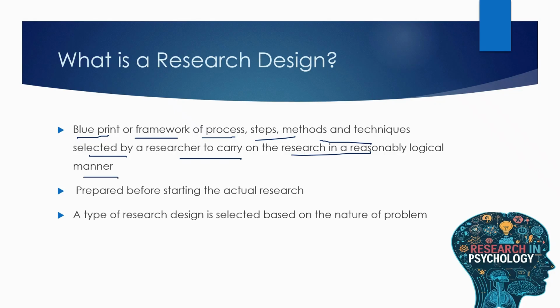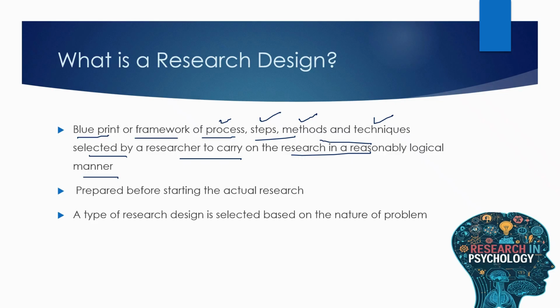So basically, a research design has everything which the researcher has planned to conduct the study or the research he wants to do. It will have what all processes are going to be involved, what are the different steps which are going to be involved in each of these processes, what are the methods which would be used, what are the techniques that are being selected. All of this information would be present in the research design.